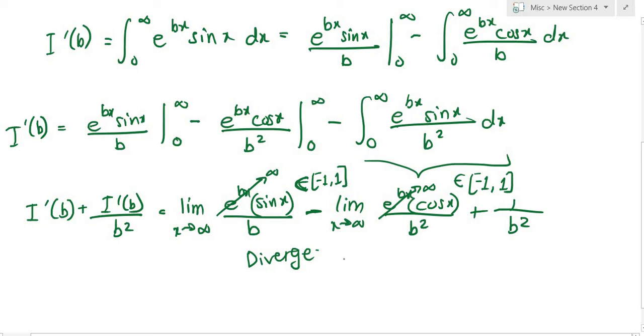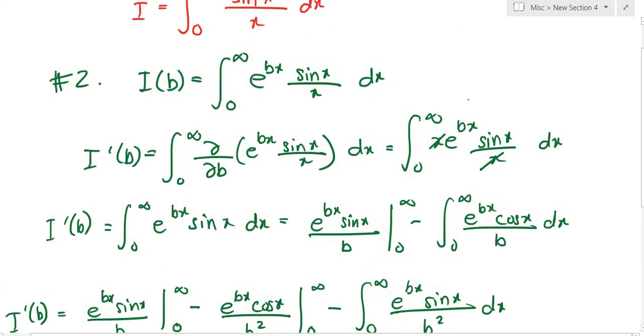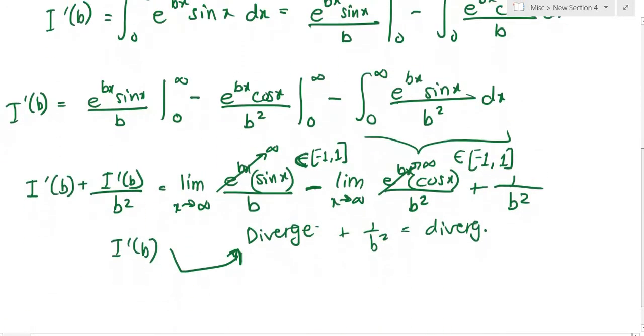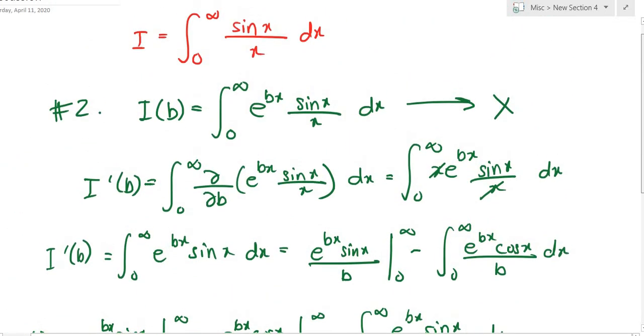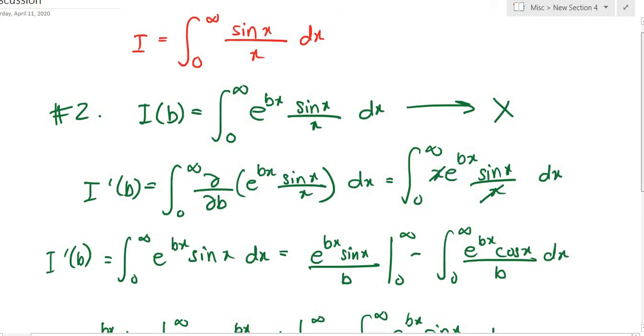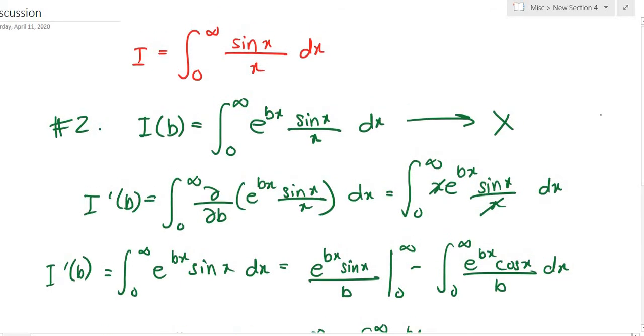A divergent limit plus a finite constant will still be divergent, right? So this I prime of b is basically diverging. That's what we can conclude, and thus our trial number 2 is also failing, because we want a finite expression for I prime of b, not something that diverges like case 1 and case 2. Well, in case 1 the limit didn't exist. Here it doesn't converge, it diverges. So both our trials have failed.